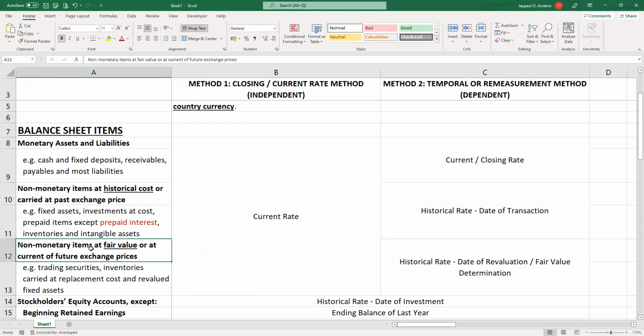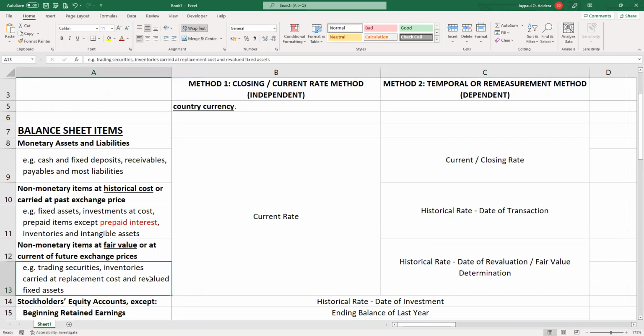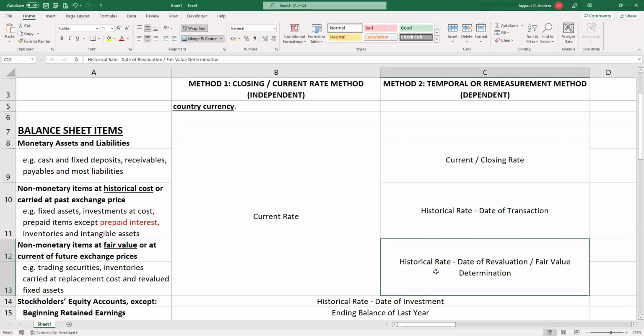Okay, meron din tayong non-monetary items at fair value. Okay, kapag non-monetary items at fair value, we are going to record them using historical rate. Okay? Kapag revalued fixed assets, if you remember your revaluation surplus, we use the date of revaluation as our historical rate.